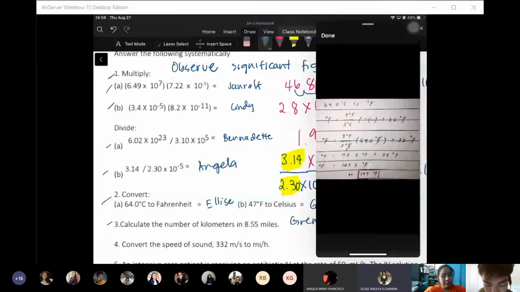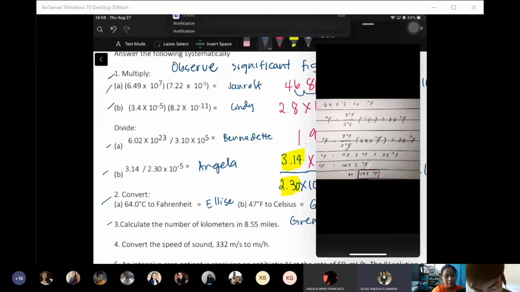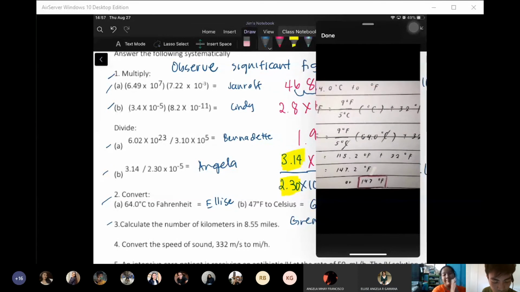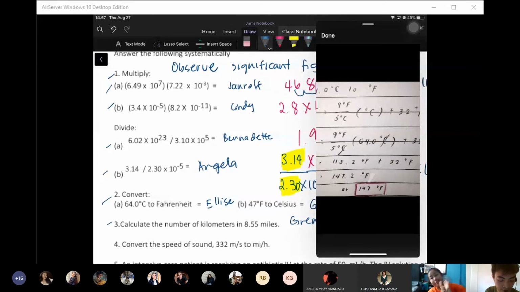So, nakuha ko pa 115.2 plus yung 32 po. So, ang nakuha ko po is 147.2. Then, significant figures po, rounded up to 147 Fahrenheit. So, tama, no? So, we have 3 significant figures for 64.0 kasi, no? Kaya, yung final answer ay 147 lang, no?